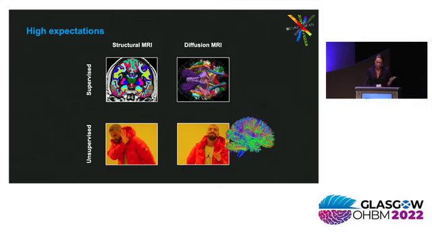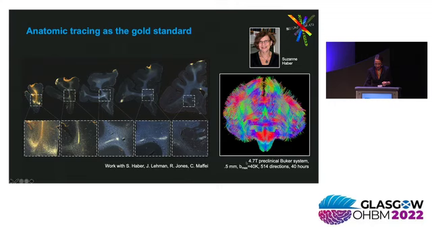So to get clues for how to fix tractography, we need to figure out where it fails. And of all the invasive techniques, the one that does exactly what tractography aspires to do non-invasively is anatomic tracing, where a tracer is injected in the cortex and it propagates down the axons.